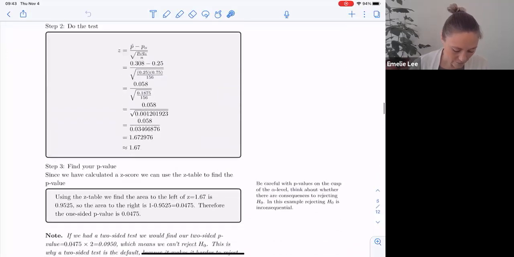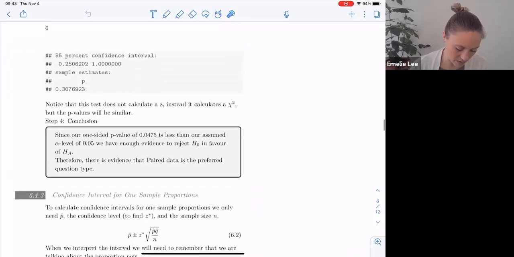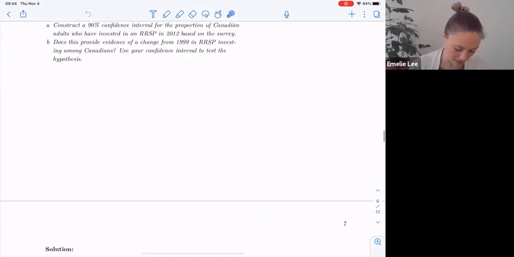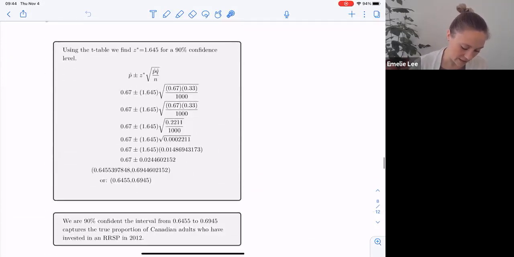It talks about the p-values. So you have that example, and also this is where I stole this example from that we worked through. We've already seen this one together, but here it is worked out for you.